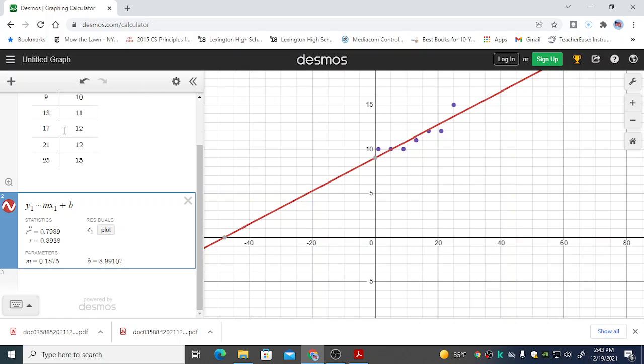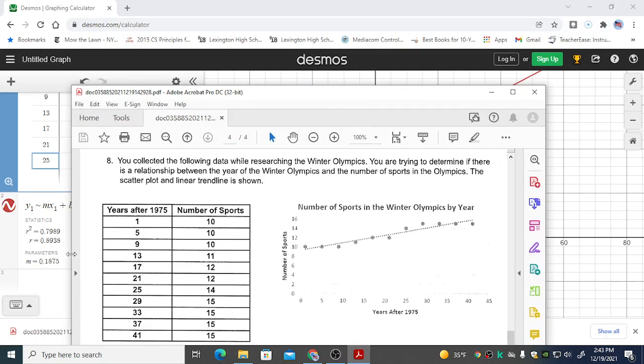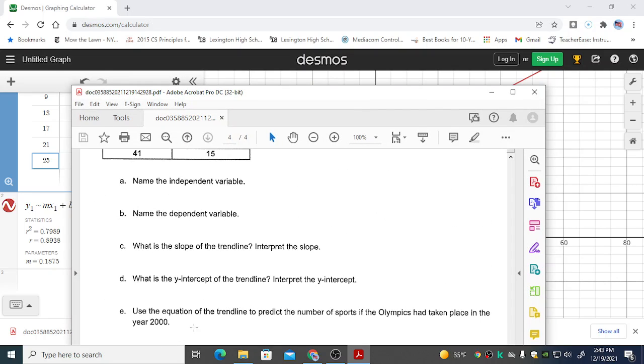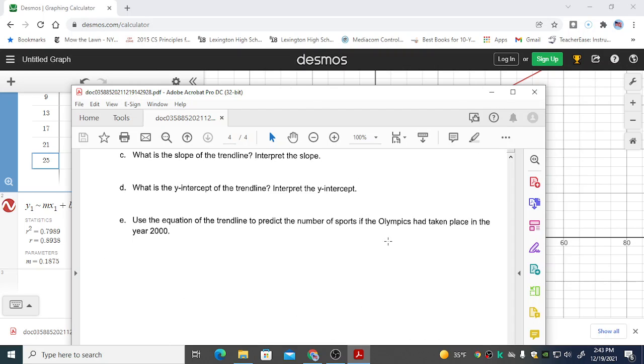Okay. Now, here's the thing. 25 years is actually on my graph here, right? You see, number of years after 1975. Yeah, so it's actually a number here, but you can see that by looking at there. 25 years, how many that is. Okay, that answers that question.